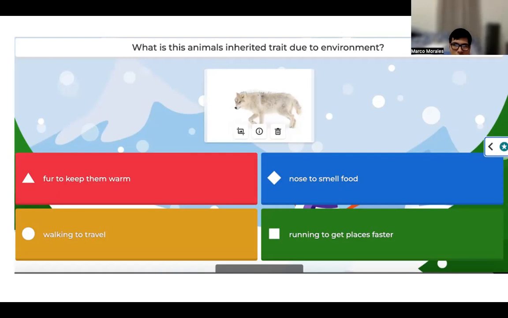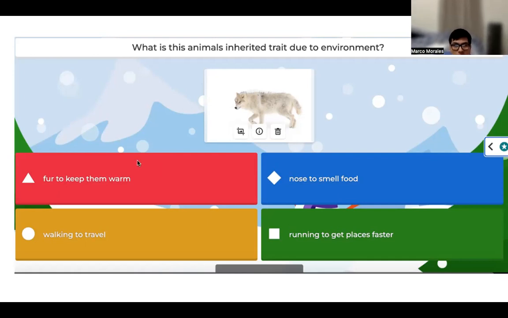Can anyone tell me what the correct answer for this question is? Jimmy, what do you think? Exactly, Jimmy, exactly. So what Jimmy said is the correct answer is triangle, fur to keep them warm. As you can see, this wolf also has fur, and he is in a cold place, and the fur is used to keep them warm.